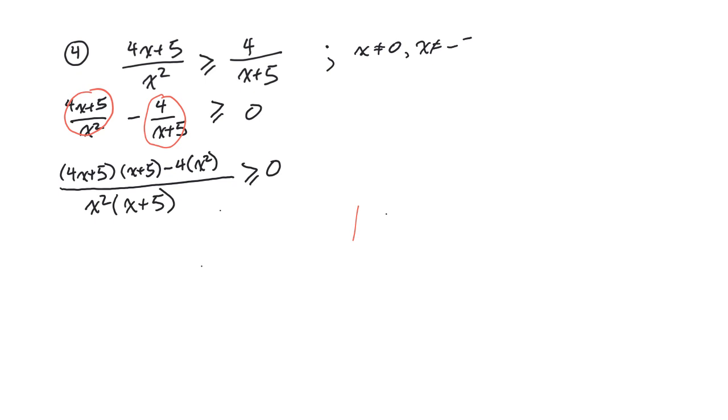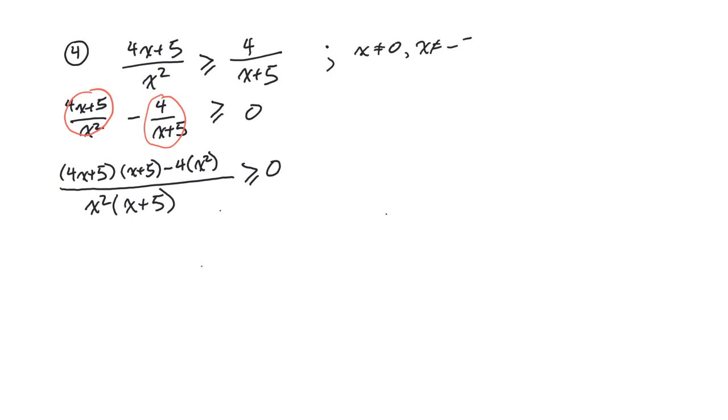Now that is just a quick and dirty way of multiplying out the numerators. You can do the extra steps if you're not quite sure of how to combine the numerators, where you actually show multiplying the top and bottoms. Now that I've done that, what we're going to do is expand these two and simplify the numerator.